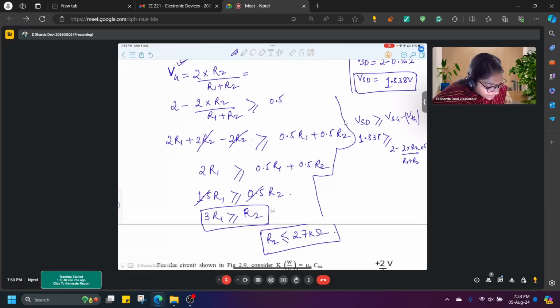And here it is 1.838, which is greater than or equal to 2R1 minus 0.5 R1 minus 0.5 R2 over R1 plus R2.